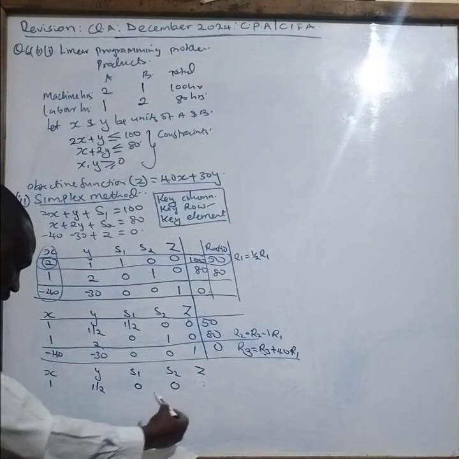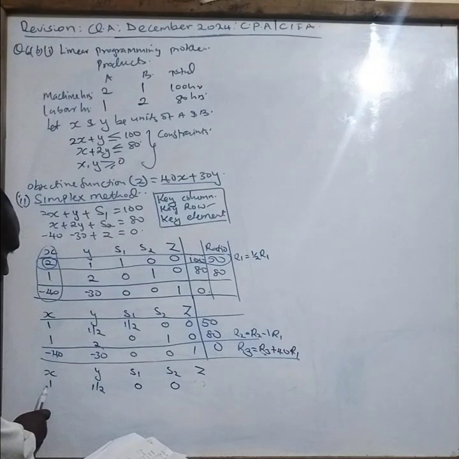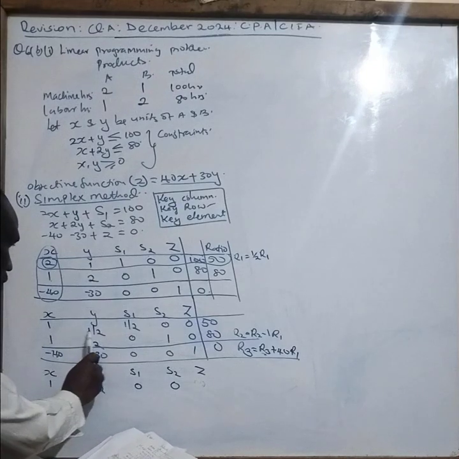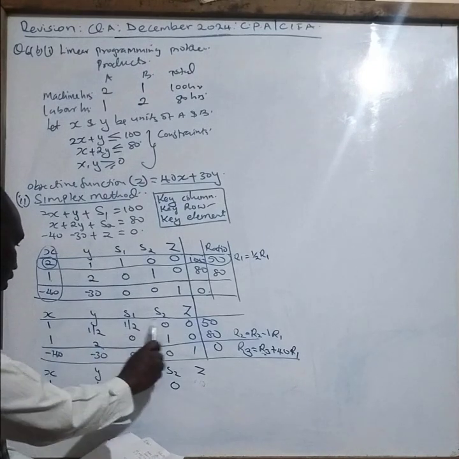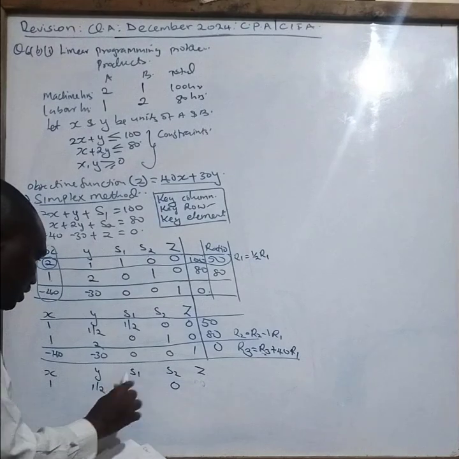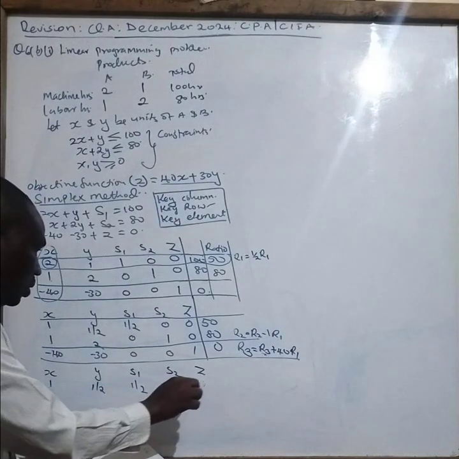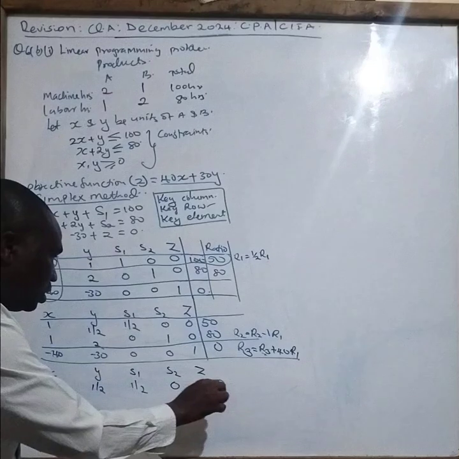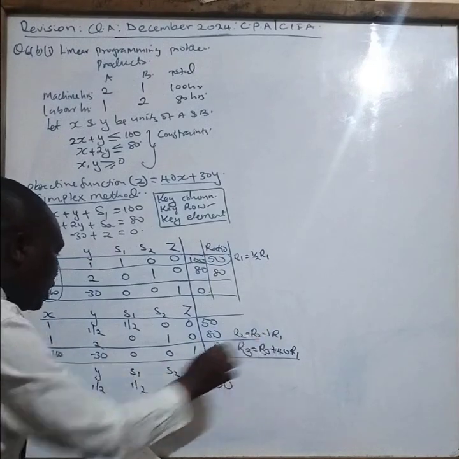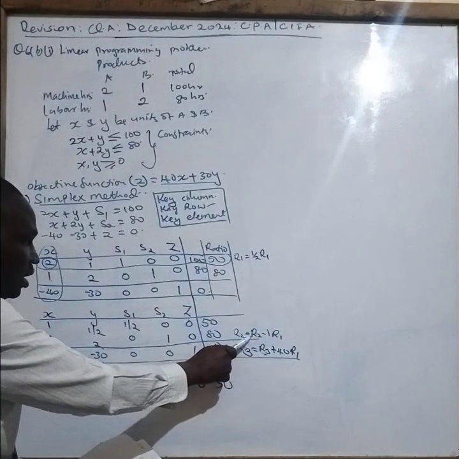Yes, you will get 0. If you subtract, you get this one. First of all, we don't touch this, so this one is a half as it is, 0, 0, 50.